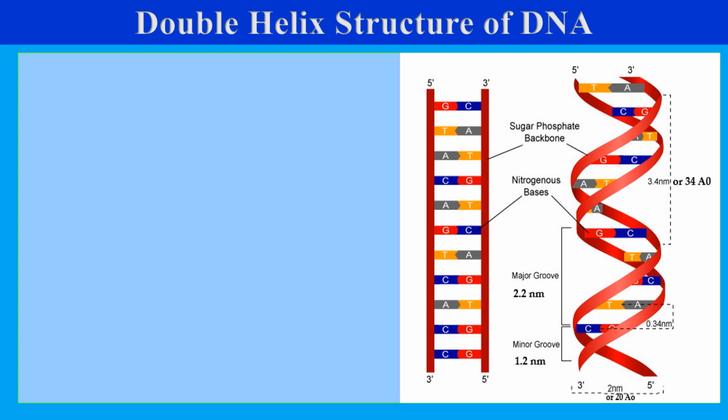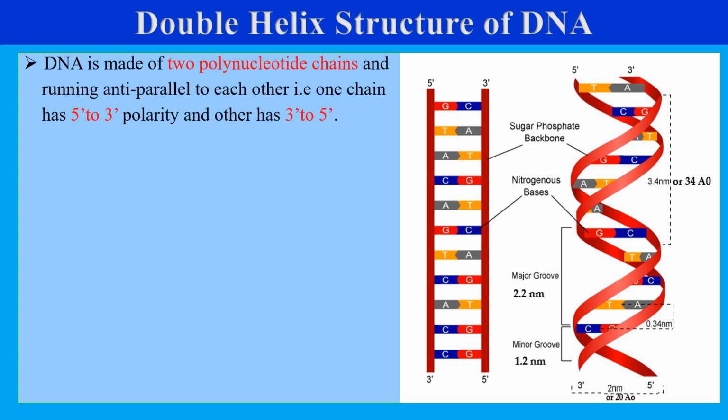Next, we discuss the double helix structure of DNA. DNA is made up of two polynucleotide chains. Both the polynucleotide chains run anti-parallel to each other.